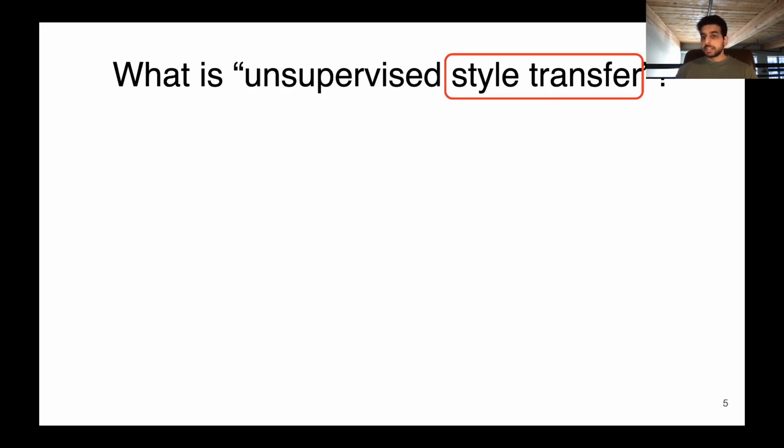So let's move on then to the task of style transfer. Basically, we have an input, and here we're focusing exclusively on sentences. We have an input sentence, and we have a target style. We'll see many different examples of what these styles could be. For example, it could be tied to a particular author, right? Like write something in Shakespeare style, or the style of Twitter, or the style of some average American in the 1850s.